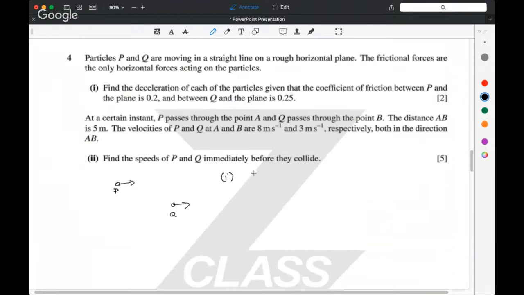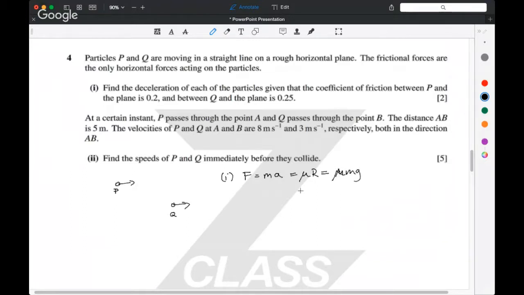So we know that the force on a particle is equal to the mass times the acceleration of that particle. And in this case, the only force on the particle is the friction force, mu R, and the only reaction force is mg. So we got mu mg.